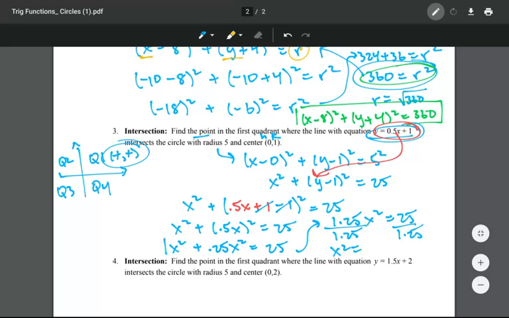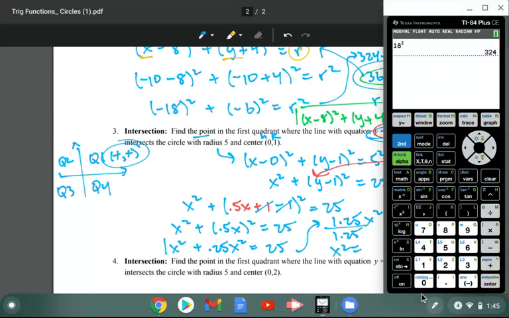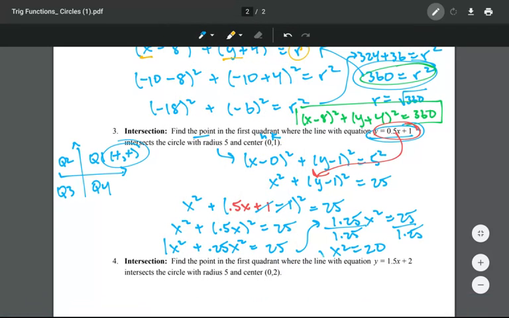So x squared is equal to, let me grab my calculator, 25 divided by 1.25, which is 20. So x squared is equal to 20. I want to take a square root, so x is equal to the square root of 20.